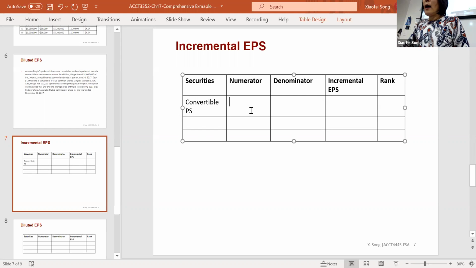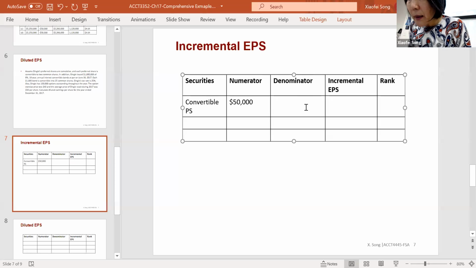For the numerator, if they were converted, since they're cumulative, the dividend on these preferred shares is deducted regardless of whether it's paid or not. If they're converted, there's no need to pay preferred dividends, so we add that back.